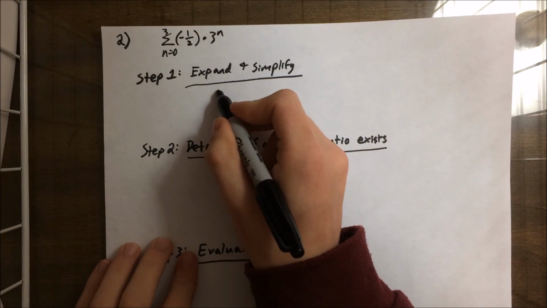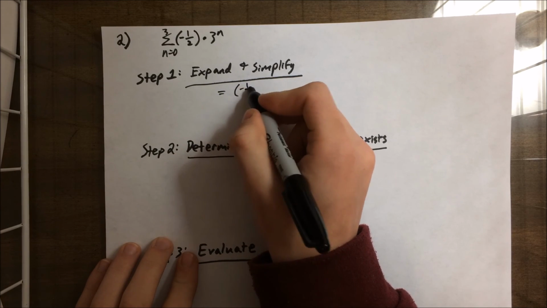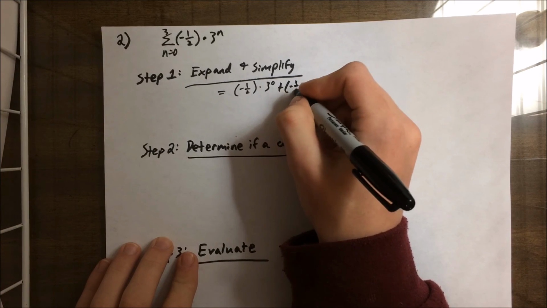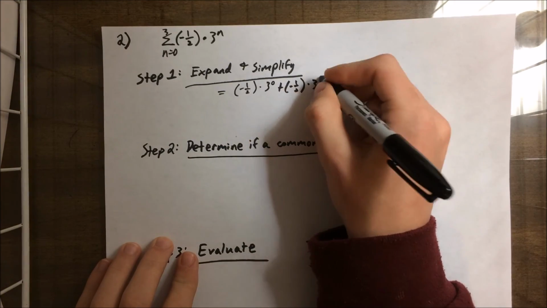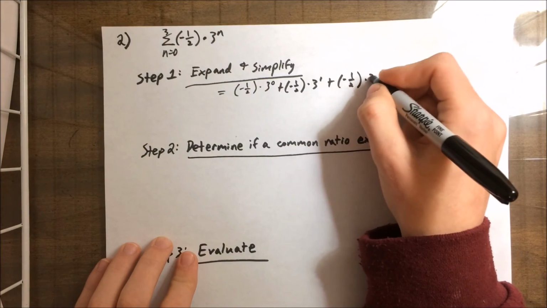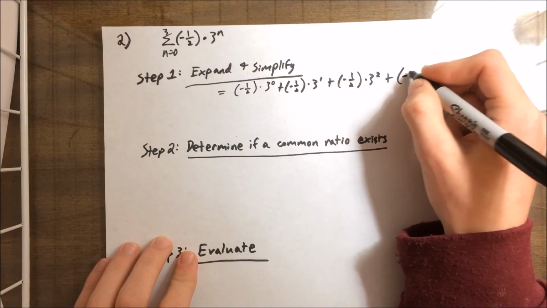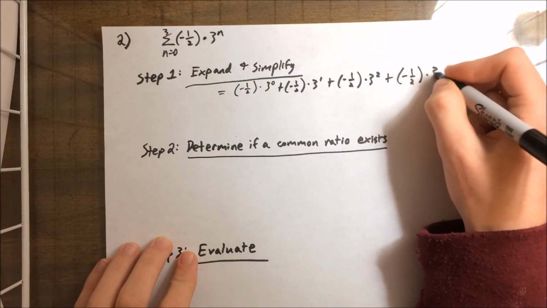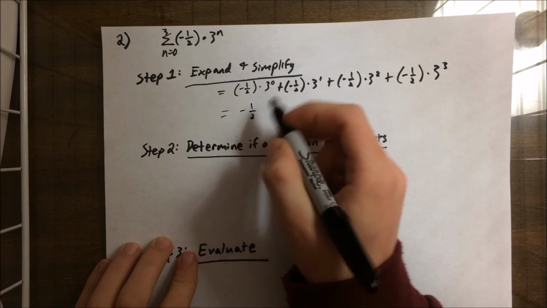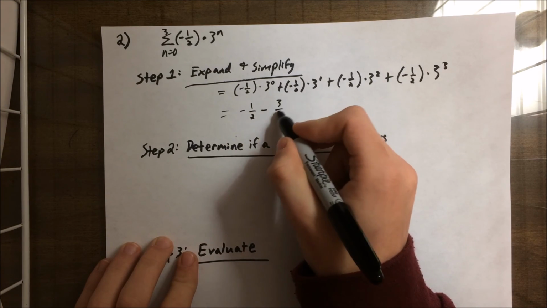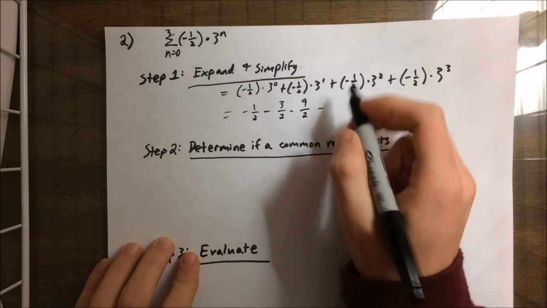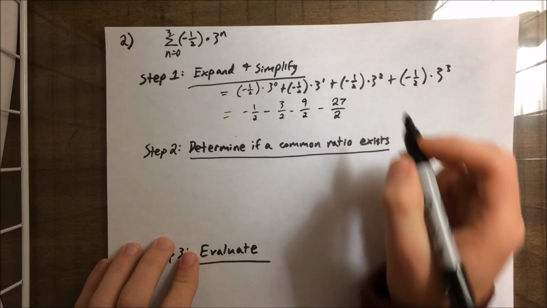So that is equal to -1/2 times 3 to the 0 plus -1/2 times 3 to the first plus -1/2 times 3 to the second plus -1/2 times 3 to the third. And that's equal to -1/2 minus 3/2 minus 9/2 minus 27/2.